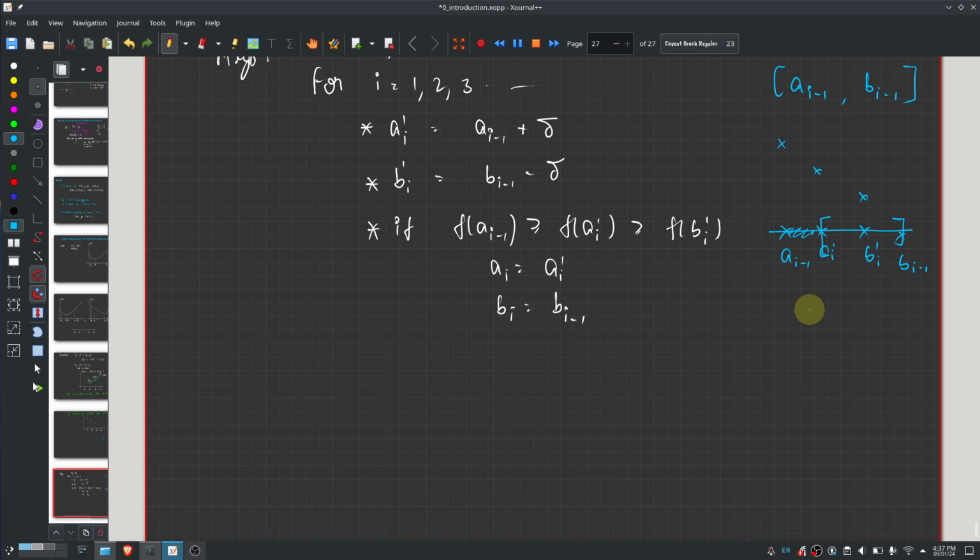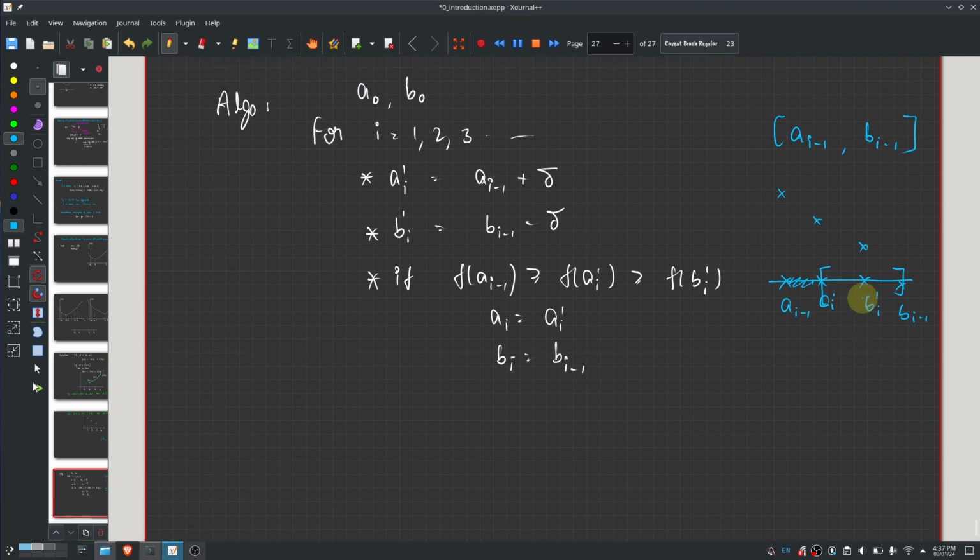So I set A_i equal to A_i', B_i equal to B_{i-1}, because I keep the right end as it is and shrink the left end. And that's it. I keep repeating this until it converges.